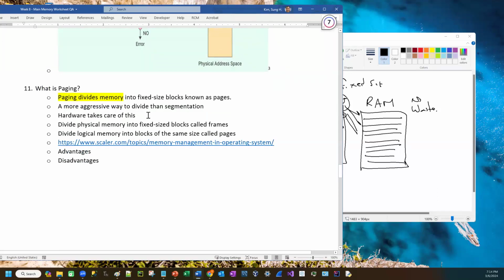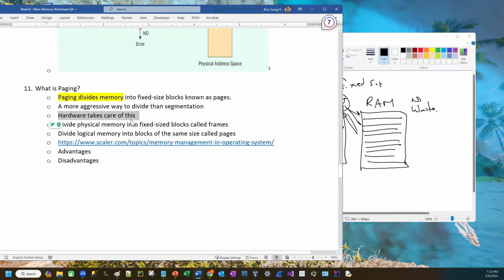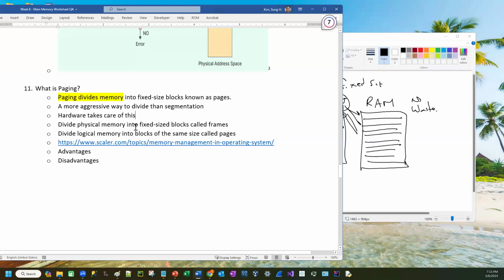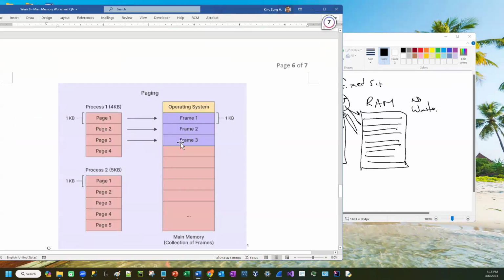Fortunately, we don't have to do a whole lot about the algorithms because the hardware takes care of this, mostly. So we don't have to worry too much about it. But unlike the segmentation, we'll have some pages in the middle between the processes and the RAM, and we'll use different terms.